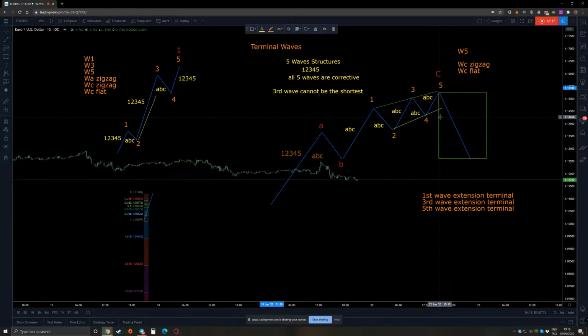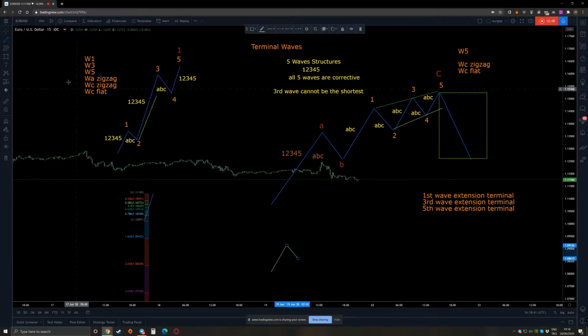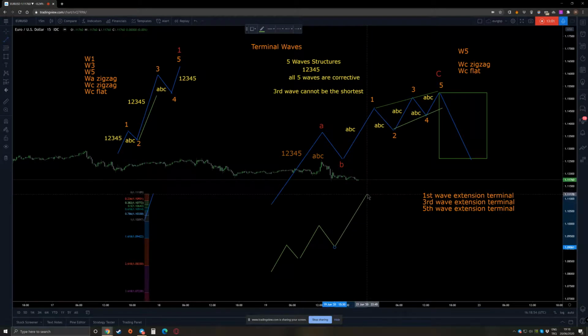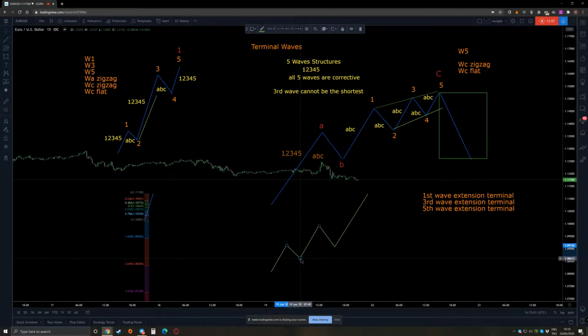Okay. Now, this is what the first wave extension looks like in a terminal move, and let's look at what a fifth wave extension looks like. So you have a first wave, second wave, then you have a third wave. Then you have a fourth wave. Then you have a fifth wave. Now this is a fifth wave extension terminal move, which is not so common.